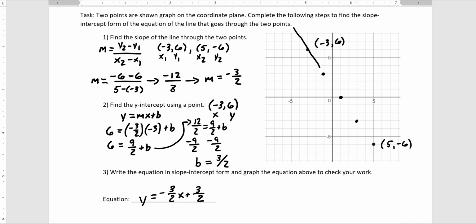Beautiful, I can connect my dots. Now check my y-intercept. It should be 3/2, aka 1.5, and yes, indeed, 1.5 is my y-intercept. Awesome. That process we just used, where we find the slope and then the y-intercept, is something we're going to use quite a bit in this lesson.